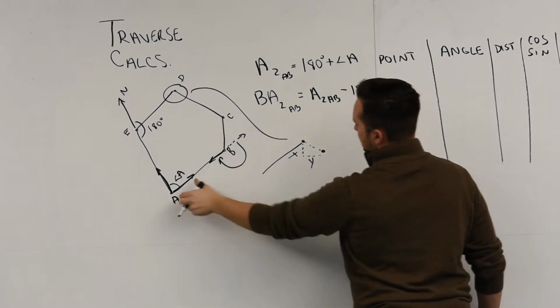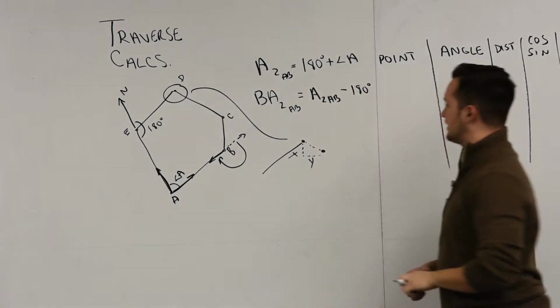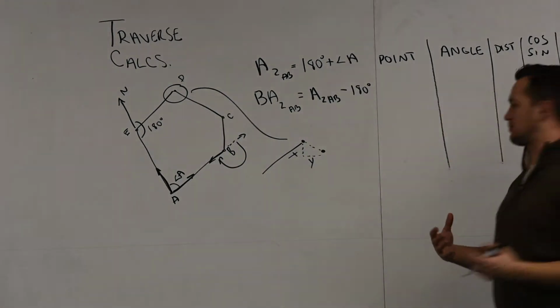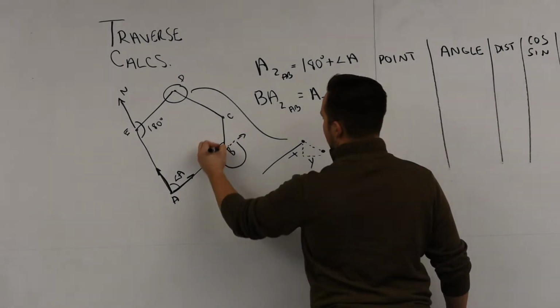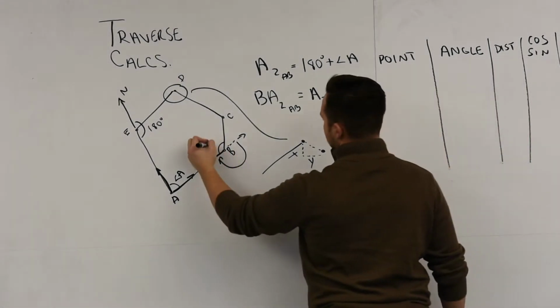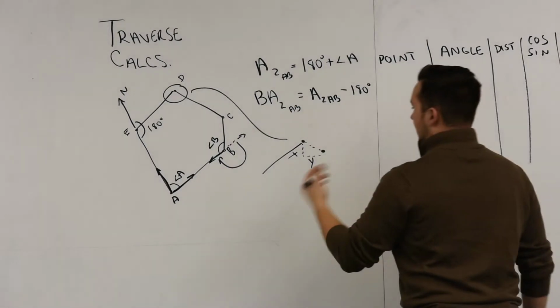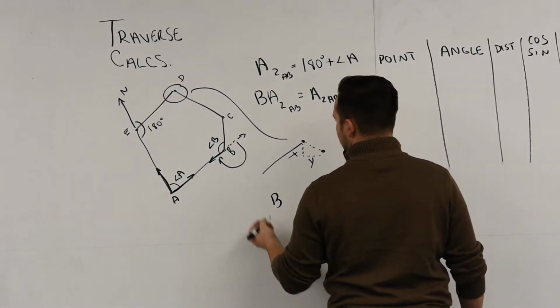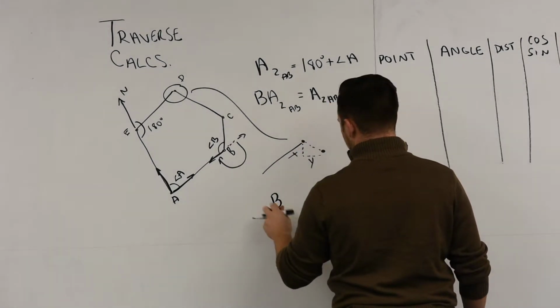These two portions are equal, and then we are taking that back azimuth. And so now we just repeat that process as we progress through. We now know a back azimuth, and we have an interior angle at B. As we progress through there, we can find out what the back azimuth is, which is right there.